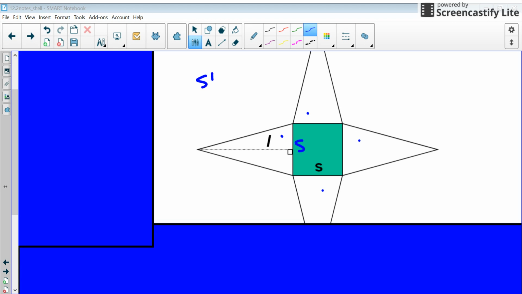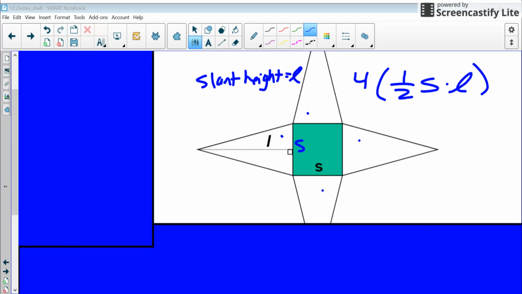We call our slant height L. Okay, so to find the area of each triangle, it's 1/2 base times height. In this case, our side length is our base, and our slant height is the height of those triangles. There's 4 of them. And so you could write it like this if we rearranged it.